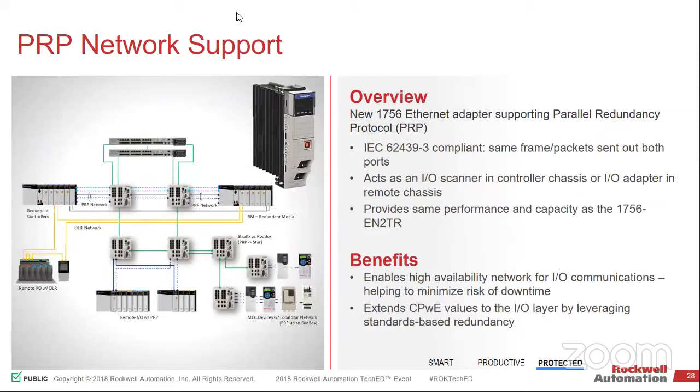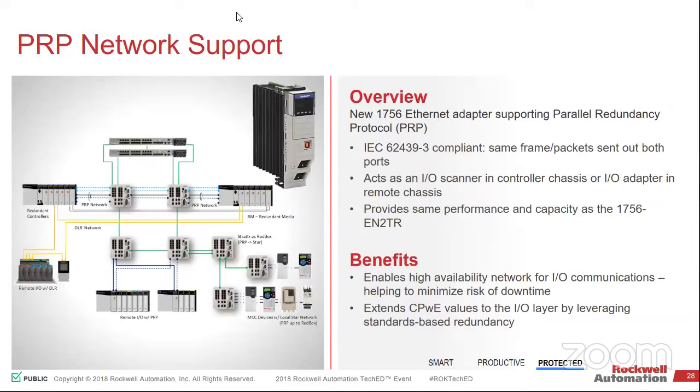The other thing around protection and availability, the PRP architecture is supported in PlantPAx 4.5. A couple of months back, we did a full user group on PRP and on architecture, so I won't go into details on how this works, but essentially PRP stands for Parallel Redundancy Protocol.